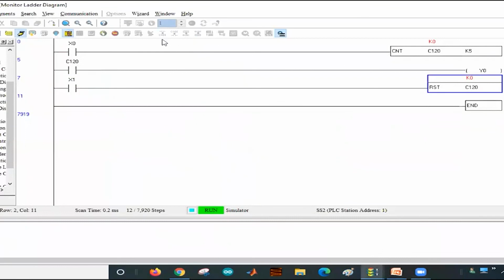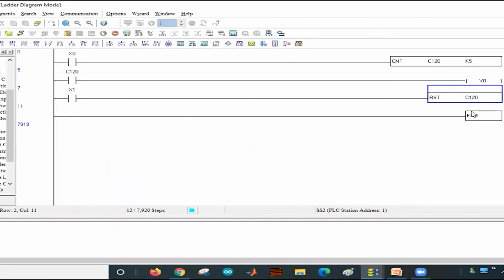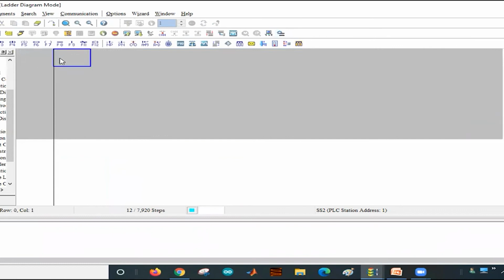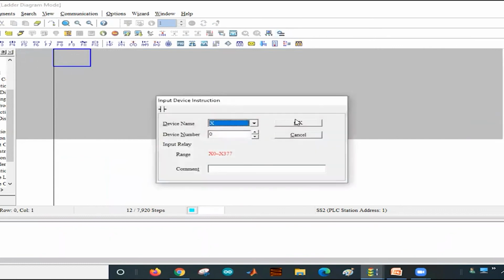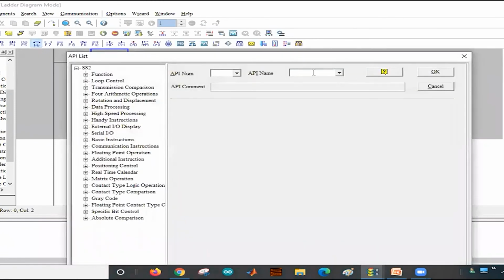So I am deleting this. Here, whenever you press X0, what has to be done?